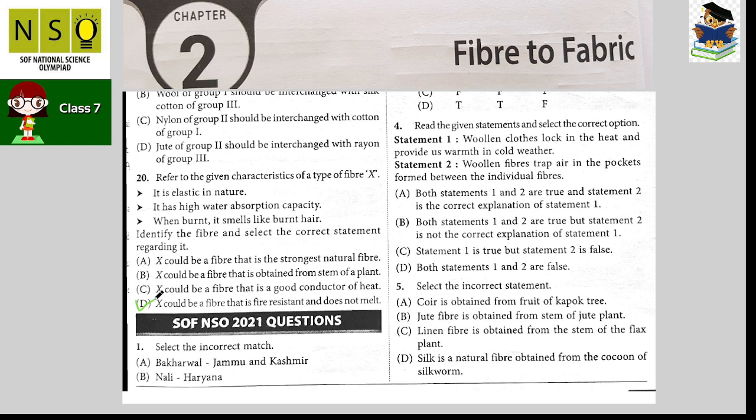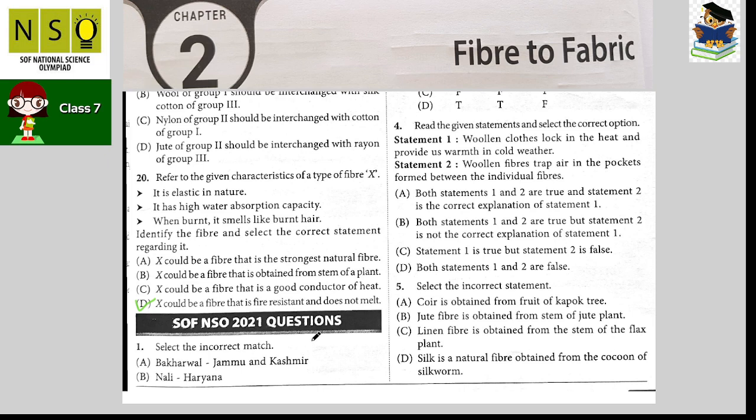Now we will discuss the next 5 questions, like the previous year's NSO 2021 questions. The first question is, select the incorrect match.